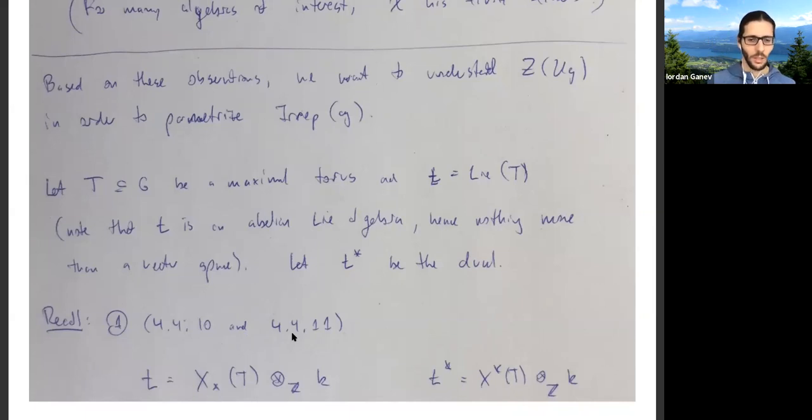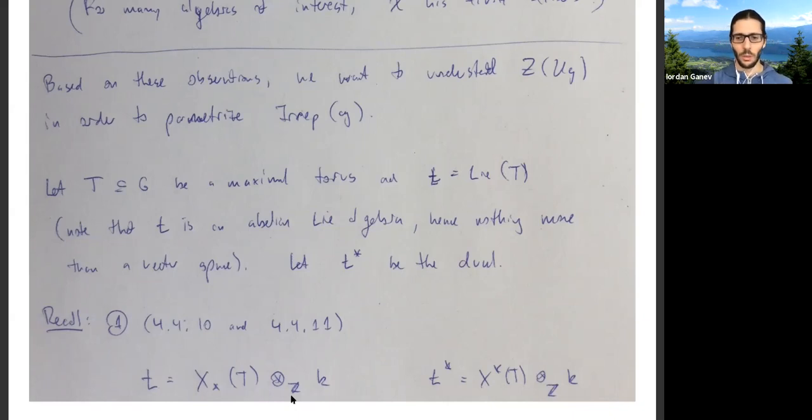Specifically, the Lie algebra of the torus is the tensor product of the cocharacters with our field over the integers. If we extend scalars from the integers to K on the cocharacters, we recover the Lie algebra of T. This works nicely because there's no bracket and the tori are determined by their characters.